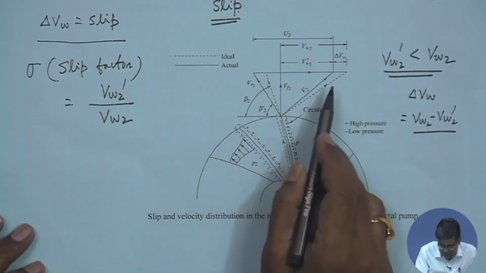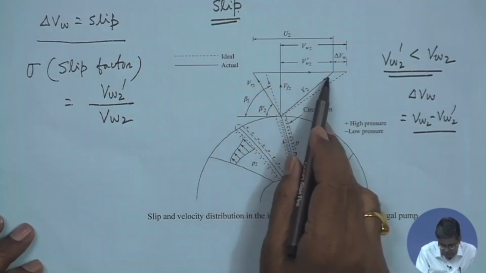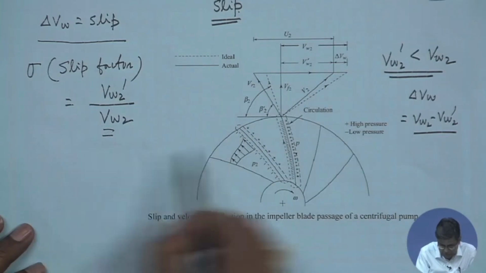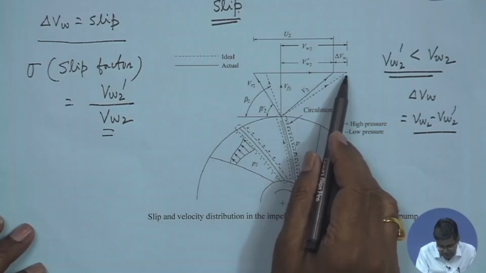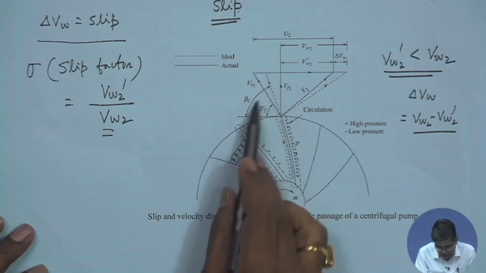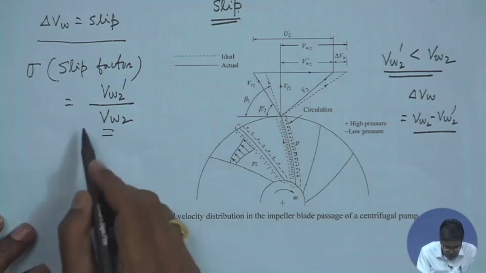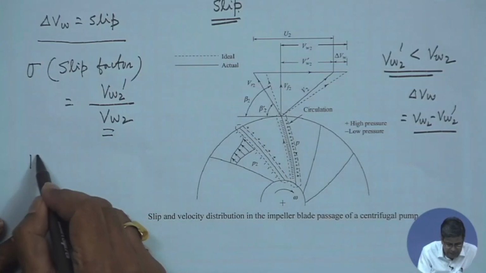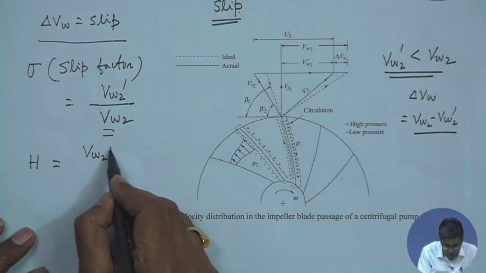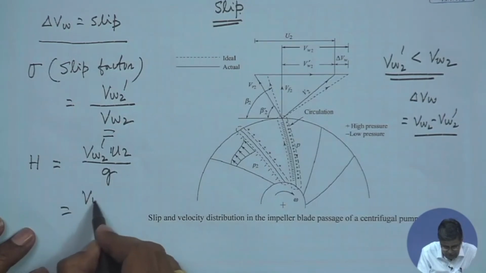This is the ratio of the tangential component of velocity actually obtained to the tangential component of velocity that could have been obtained ideally from an ideal velocity triangle, with the relative velocity making the same angle as that of the impeller blade at the outlet. So, therefore, one can write the head imparted to the liquid as VW2 dash U2 by G. It is expressed in terms of its ideal value.